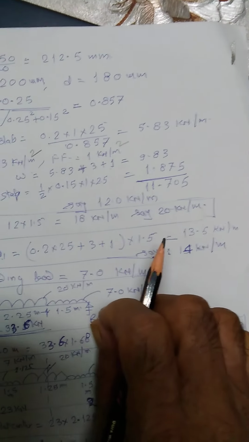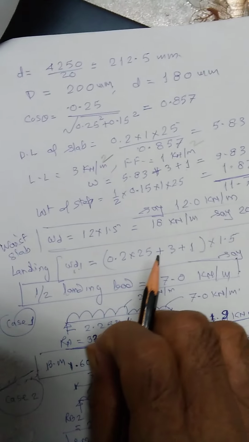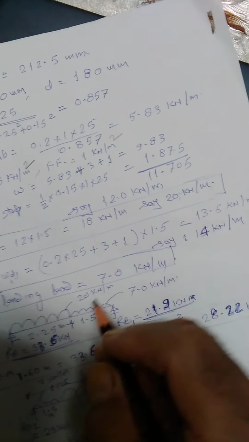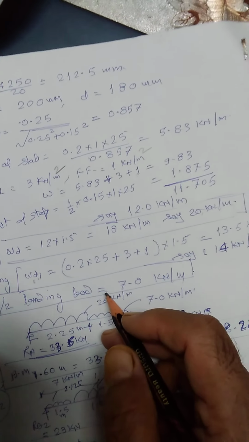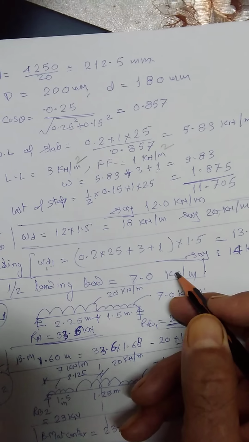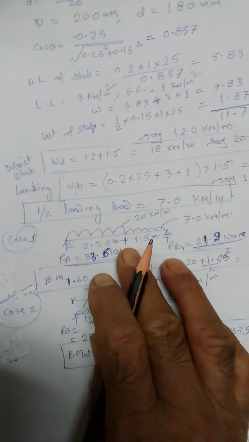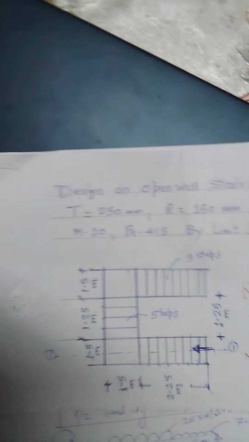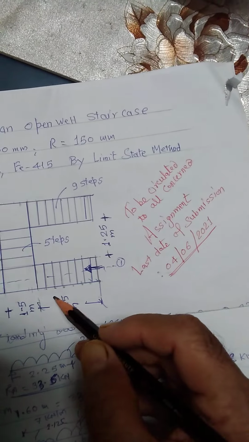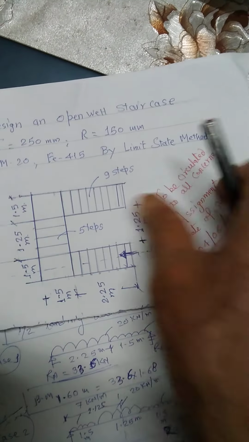So we have got two loads with us. One is 20 kN per meter, and at the landing half the landing load, that is 14 by 2, that is 7 kN per meter. Now considering the first flight, right from here to here, this is 2.25 and 1.5.